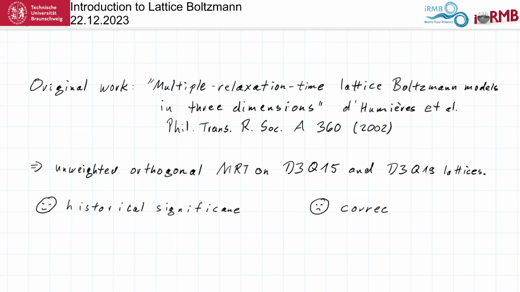I mean, not in the sense that there is a hell of a lot of typos, but the way the entire argument is built up with this orthogonalization, and in particular the relaxation rates that are used in this paper, even though they give concrete numbers. This is very questionable and actually no longer considered to be correct. But anyway, back then it was a big deal, and it's still a very well cited paper.